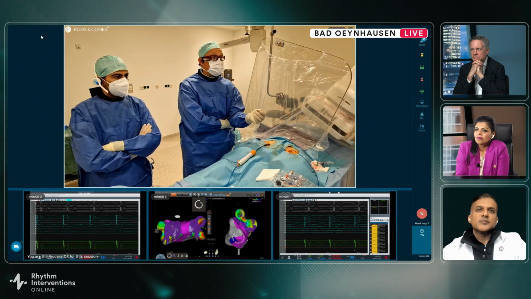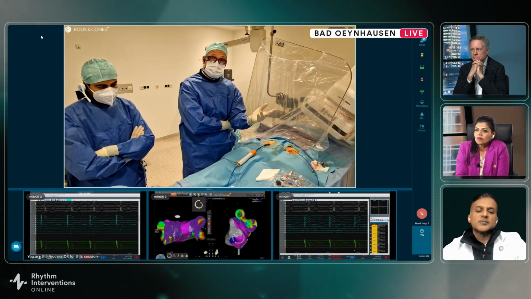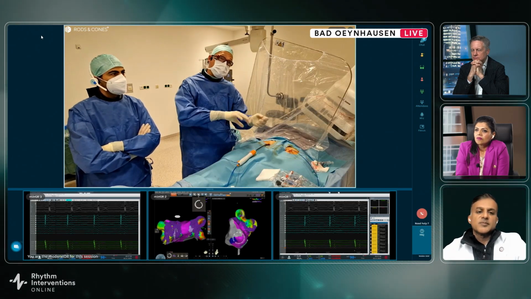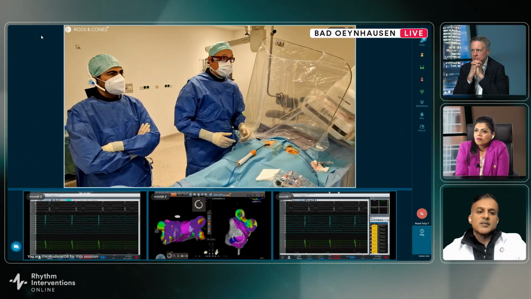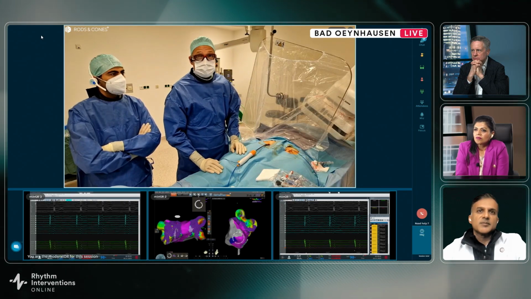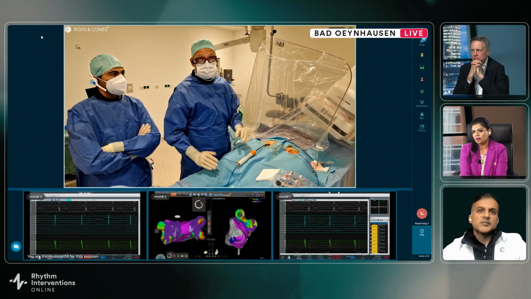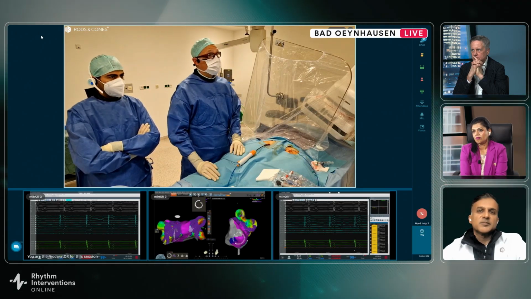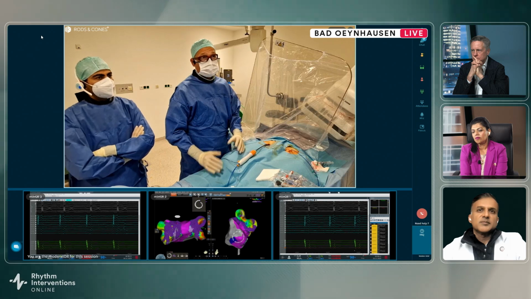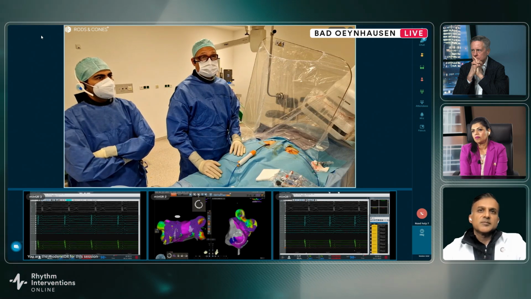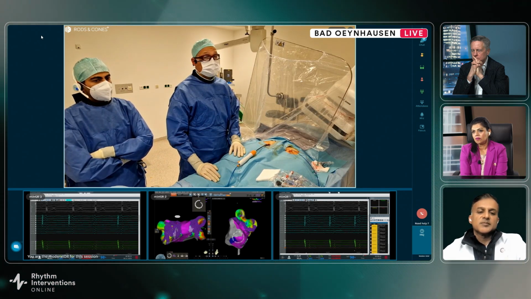But I think it is lower, and it is maybe related to the fact that we take off the PV-dependent AFib patients, and the remainders are those who have substrates, who might then need additional imaging, and who might need additional lesions with additional catheters. I think this is maybe something we can discuss.